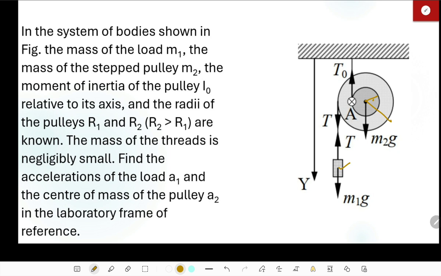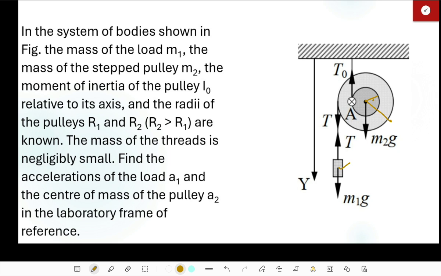The load can move in the positive or negative direction of the y-axis, depending on the masses of the bodies involved in this motion.